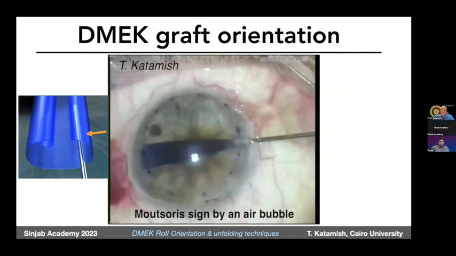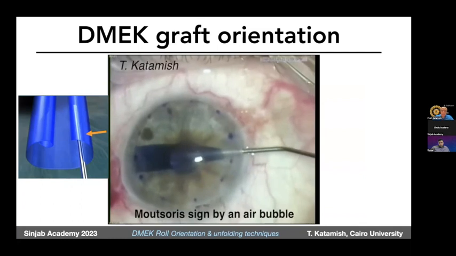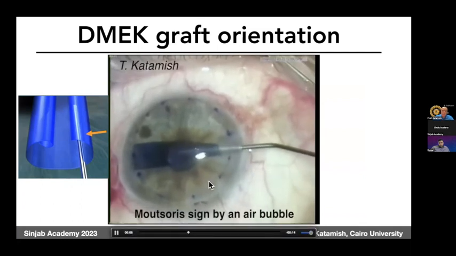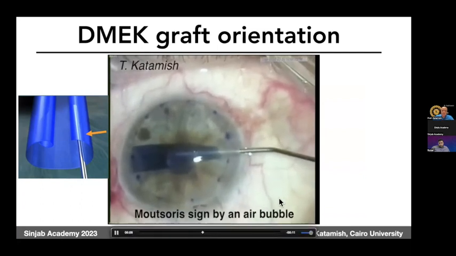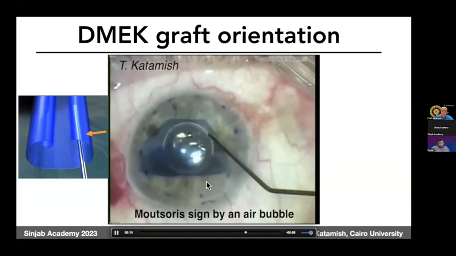You may use a small bubble as a test for Moutsouris sign, not necessarily the spatula. So if you inject a very small bubble inside the roll, you will find now that this fold is covering the air bubble. So this means that the graft is in the proper orientation.